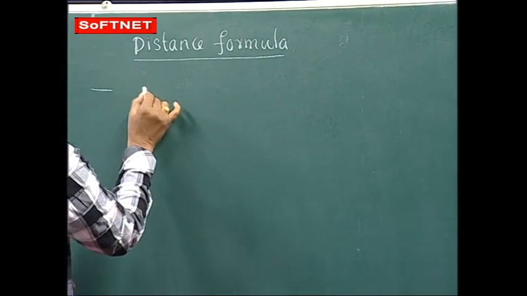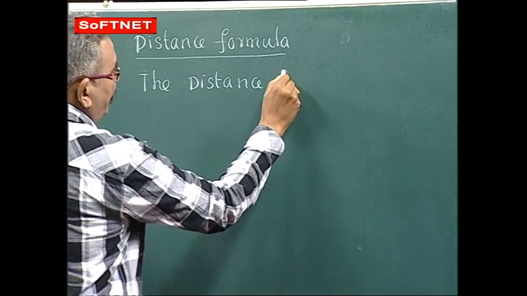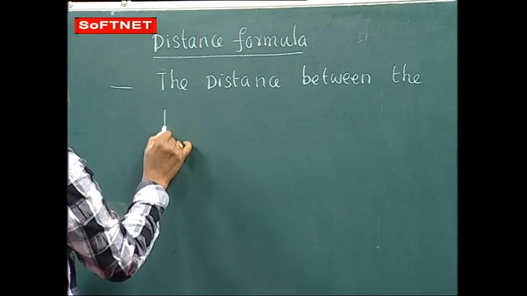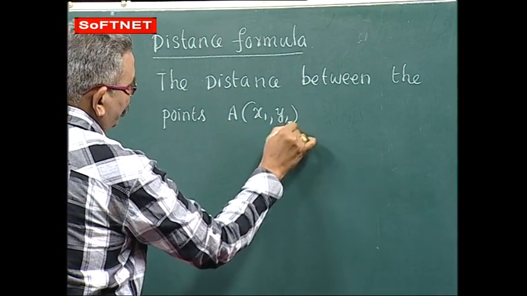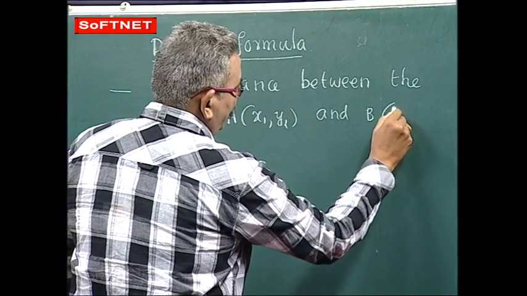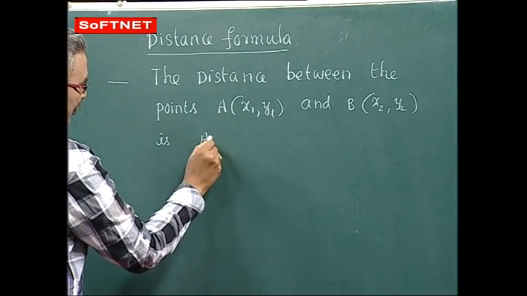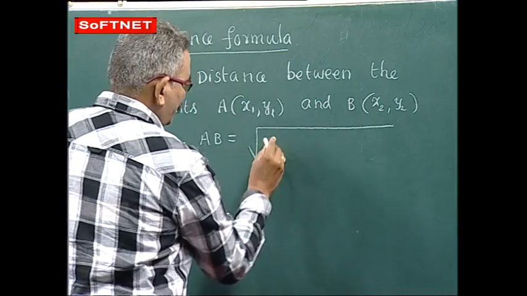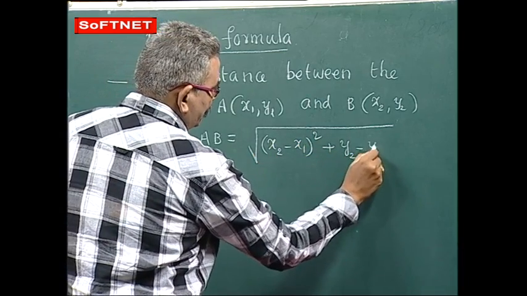Suppose the distance between the points A (x1, y1) and B (x2, y2) is given by AB equals root over (x2 minus x1) square plus (y2 minus y1) square.